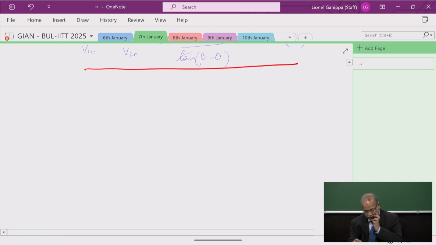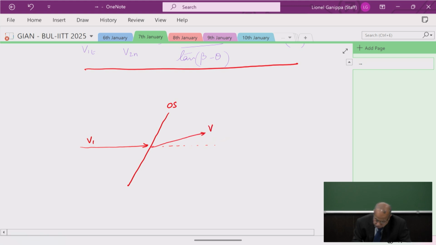Now let's try and understand the governing equations for this oblique shock problem. So here is an oblique shock. Here is the flow that encounters the oblique shock with the velocity V1, and then this is the velocity V2. This is the problem we see here.